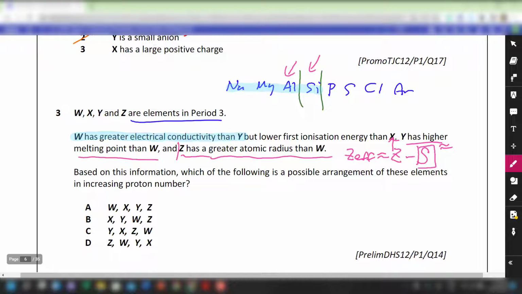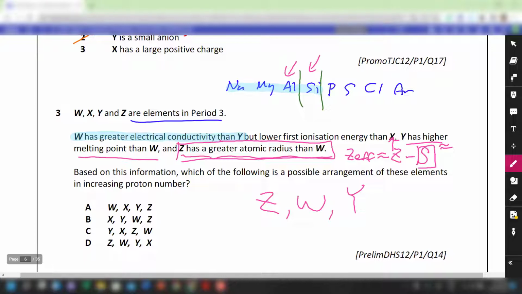And since we were told that Z has a greater atomic radius than W, and we know that W is one of these metals, if we're going to place them in a certain order, I definitely will place Z on the extreme left, and then this is followed by W. And because Y has a higher melting point than W, I will put Y to the right of W. Then we were told that W has a lower first IE than X. So could X be here?